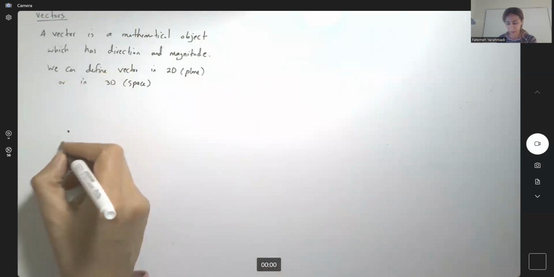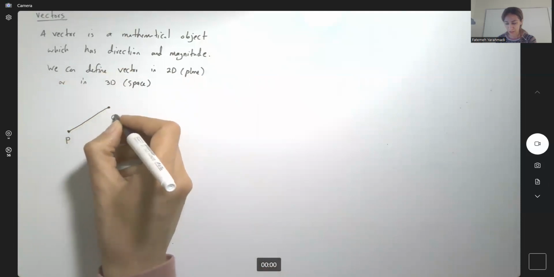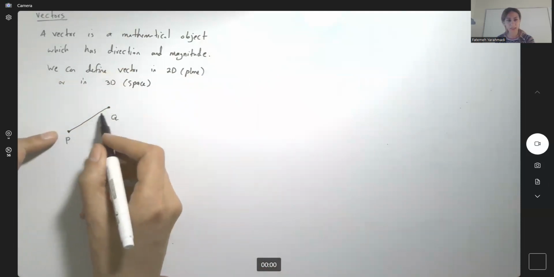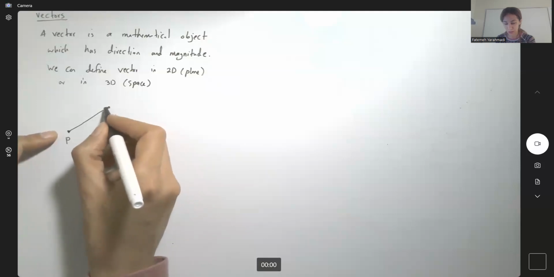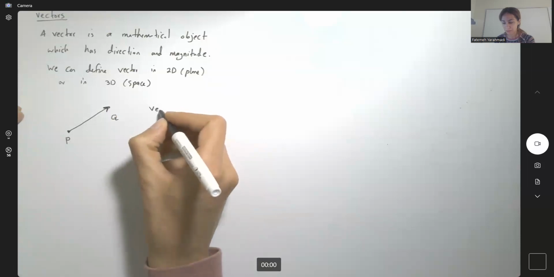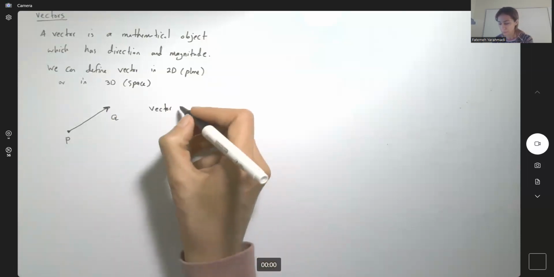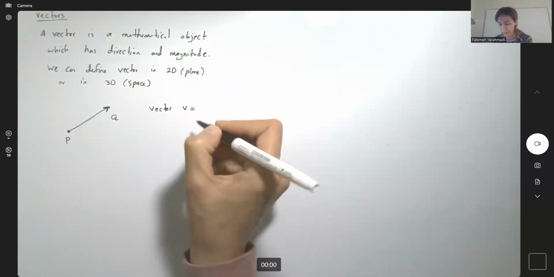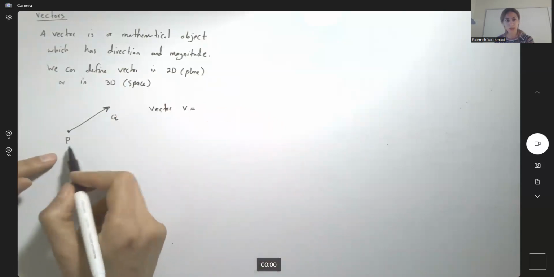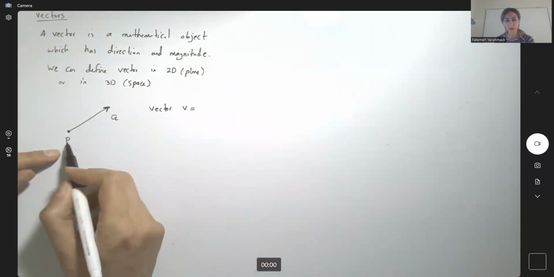It has a starting point, initial point, P, and it stops somewhere, Q. If you start from P, then stop at Q, the direction is going this way. So we define vector V or vector U, or you can call it vector W, as we need to know what are the coordinates of each one of these points.